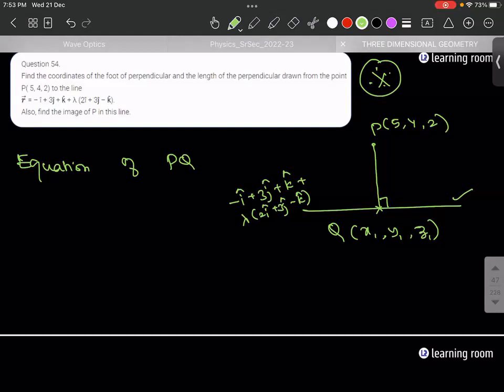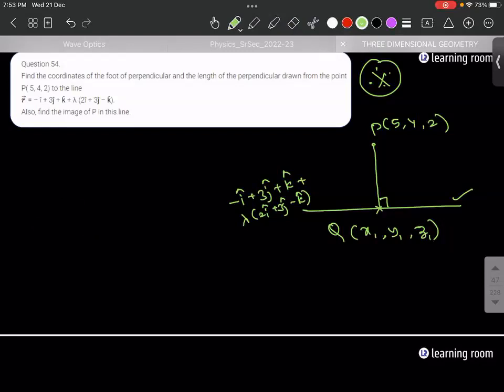You can say that. See, what I'll do is first I'll find the equation of PQ. See, equation of PQ is (x1 minus 5) divided by, and again I need this thing. Yeah, tell me that.